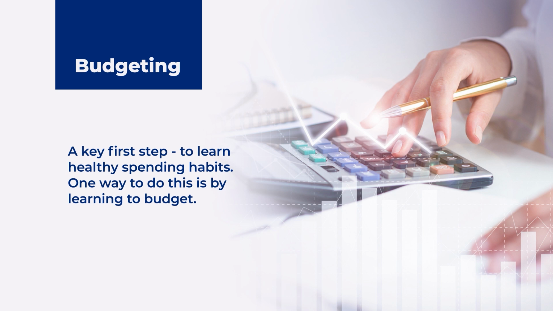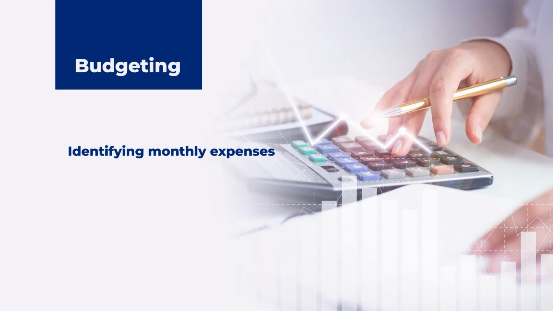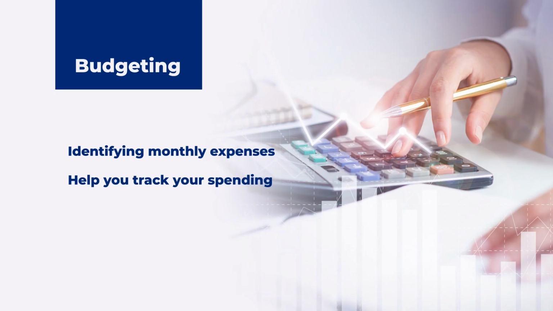Now, one way to do budgeting is to start identifying the heads under which your monthly expenses fall. So, you'll identify all major heads for which you'll have to make your monthly expenses, and then keep track of the expenses under each of the heads.